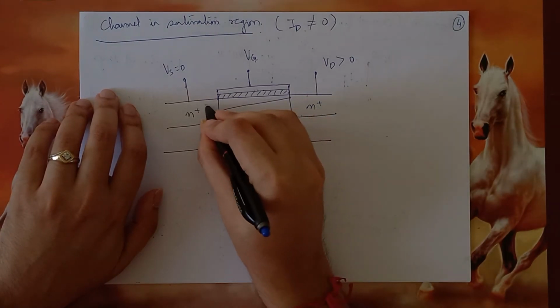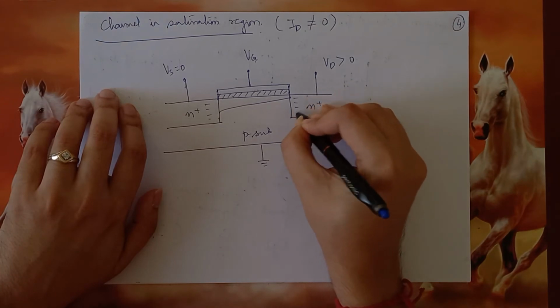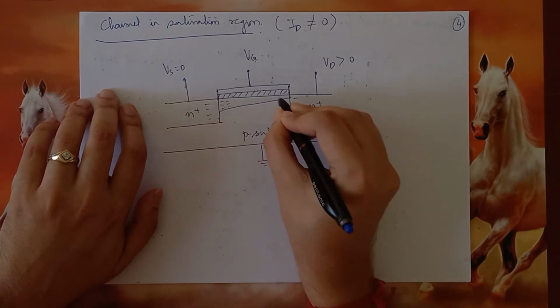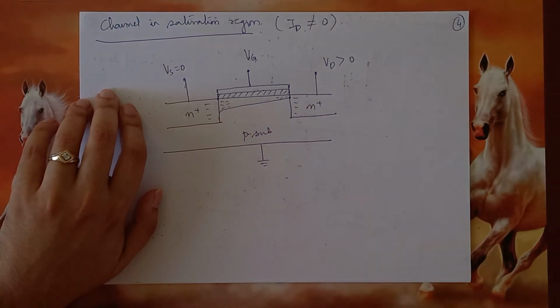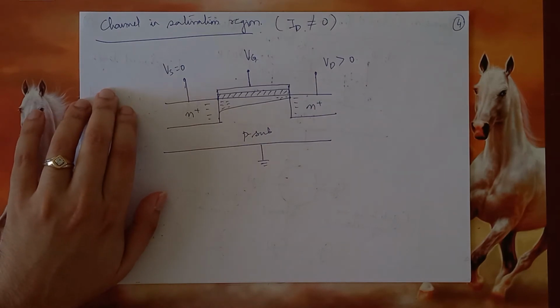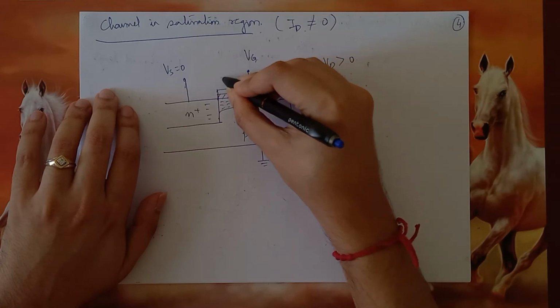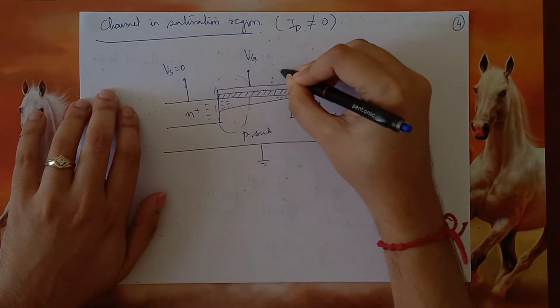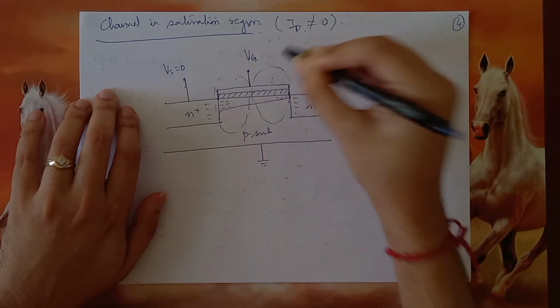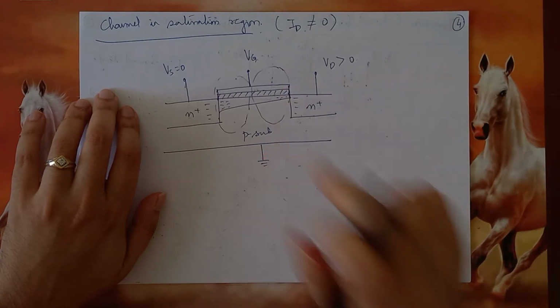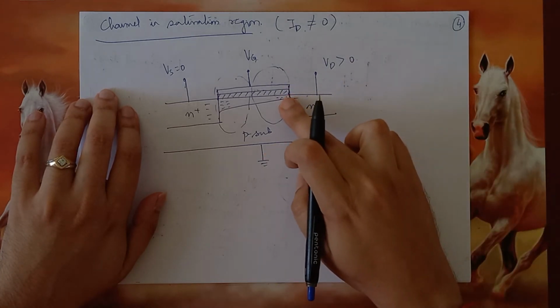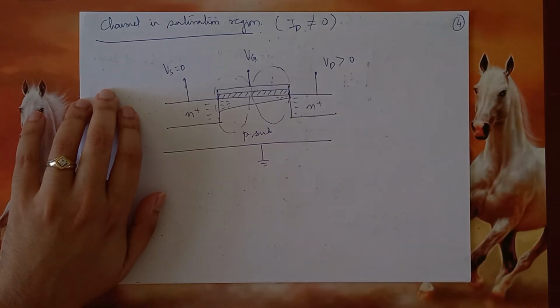So more electrons will accumulate here and less electrons will accumulate here. So therefore, if we were to again look at the left half versus the right half from the capacitances, we can immediately say that because less charges are over here, the capacitance on the right hand side will be lower.